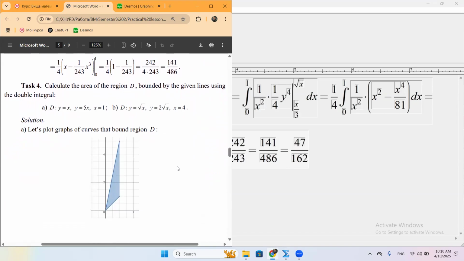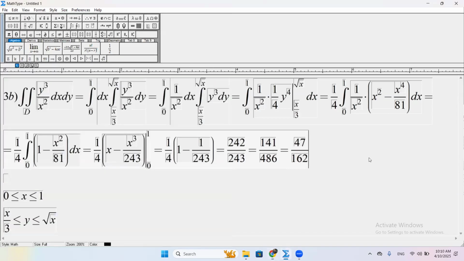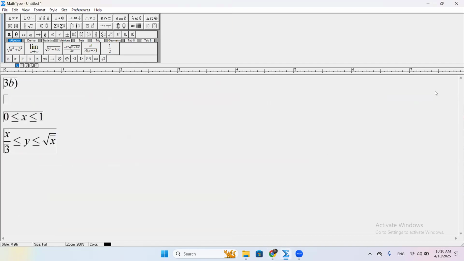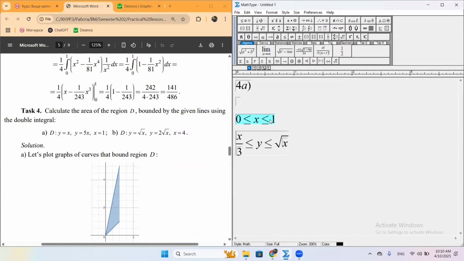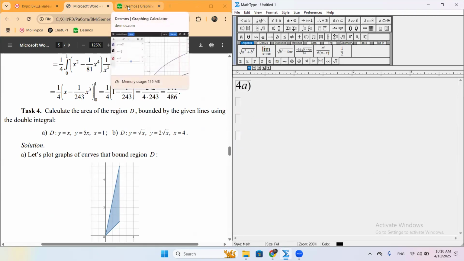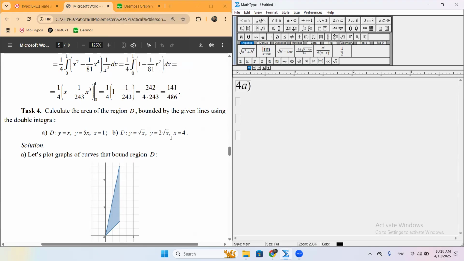So now we have to calculate the area of the region. Of course, integrals just for integrals are useless, but we will now practice the application of double integral. So we will calculate the area of the region.